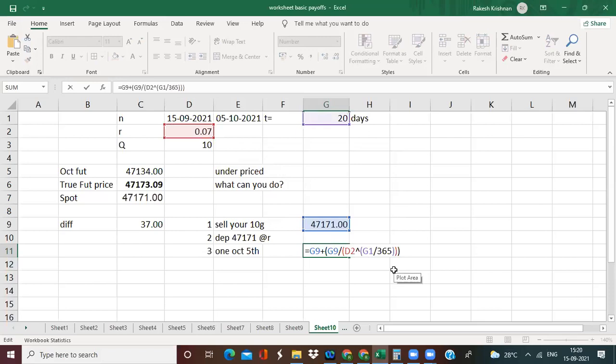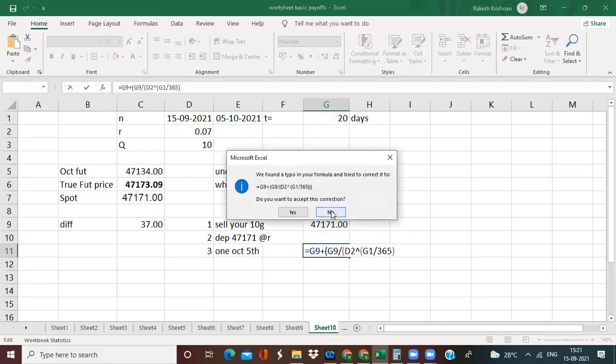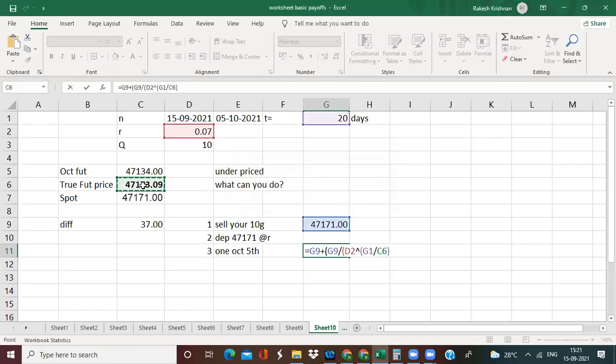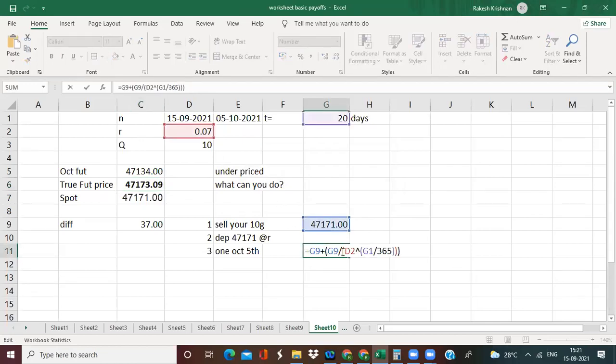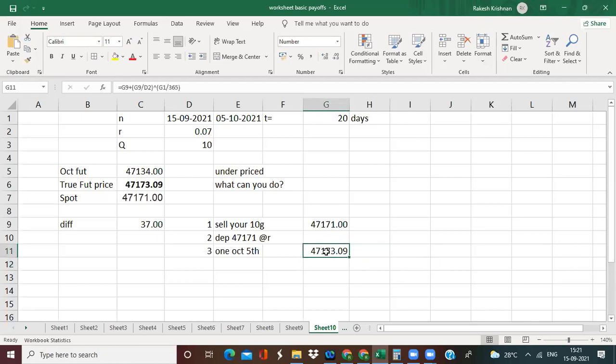Gone wrong, where I missed it out. I think I put the bracket.